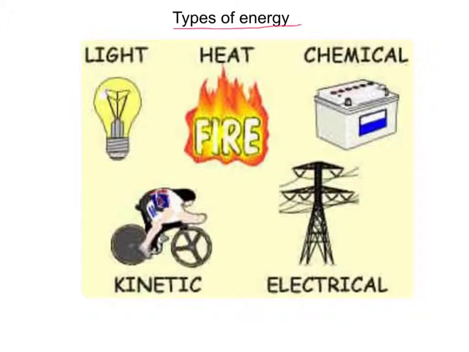So there are different types of energy. So for example, there's light energy, there's heat energy, or sometimes heat is also called thermal energy. So heat can also be called thermal energy.